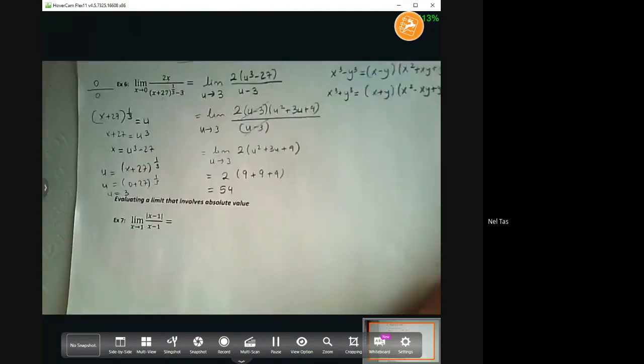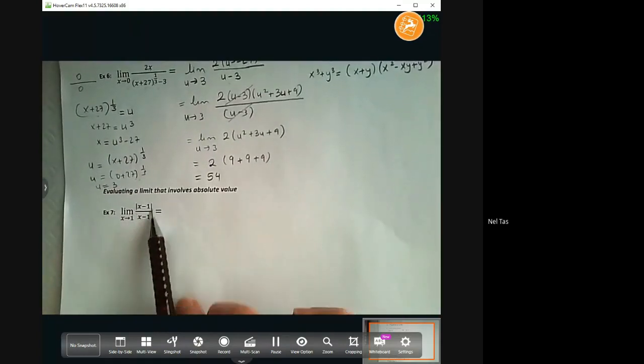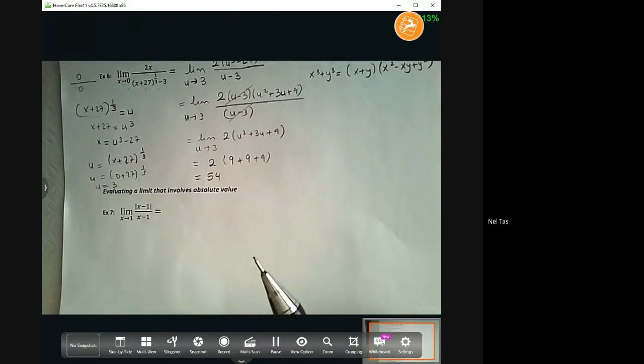Okay, sometimes you will see the absolute value in the functions when you're calculating the limit. So how do we deal with that? If you directly substitute 1, what do you see? You get 0 over 0 again, right?